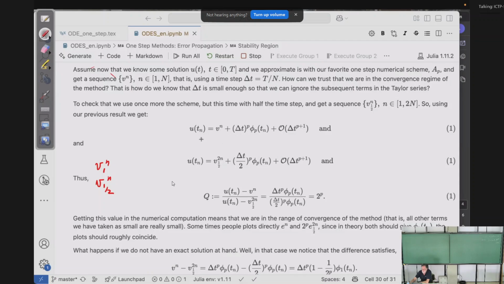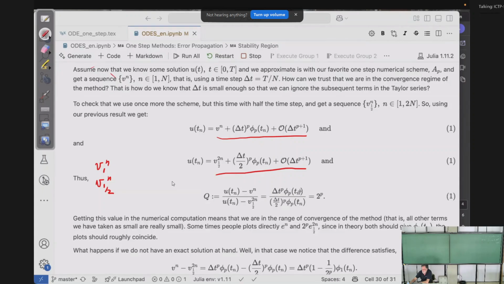And so the theory tells me that this goes like this, and this goes like that. This is the same phi, and the error is different, but it doesn't matter. Here you have delta t to the p, and here you have delta t over 2 to the p. So if you take the difference between these two and these two, you get delta t to the p times phi here, and delta t over 2 to the p there.